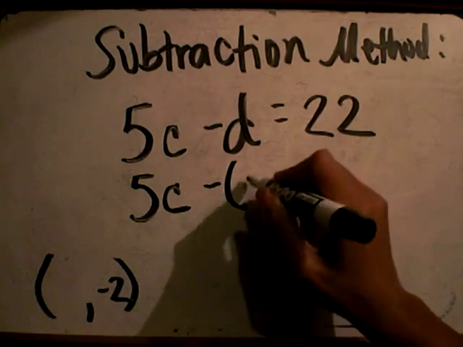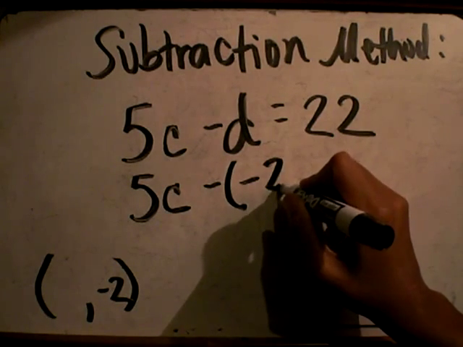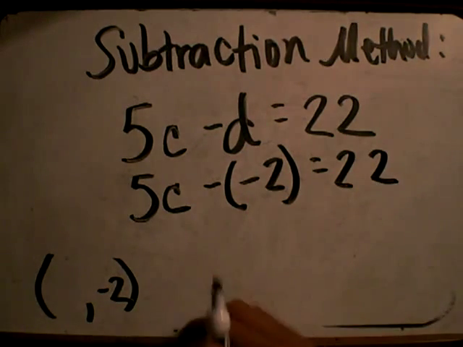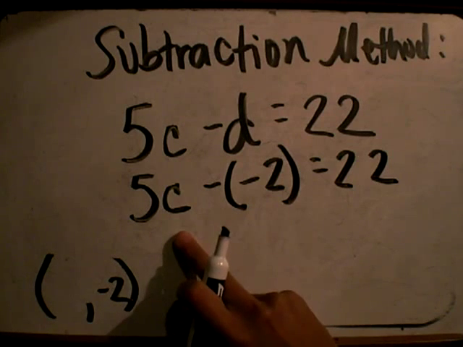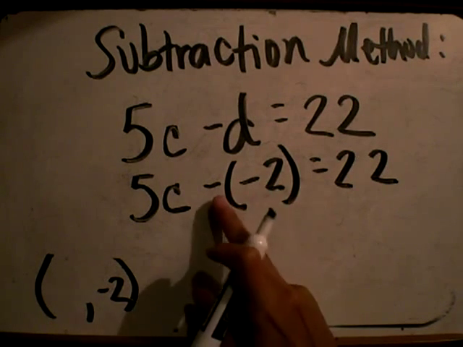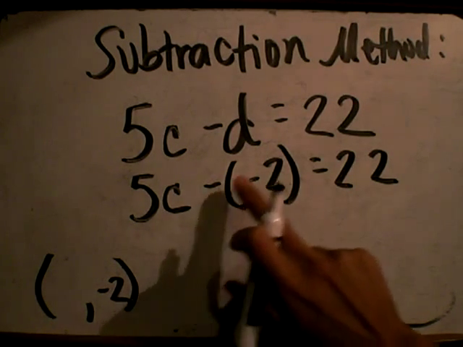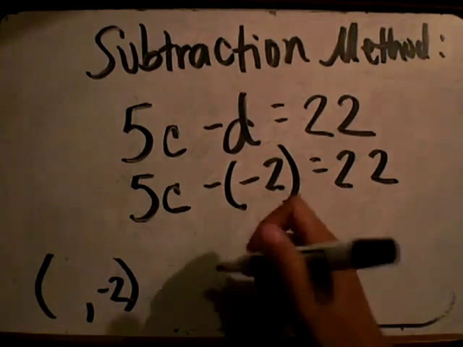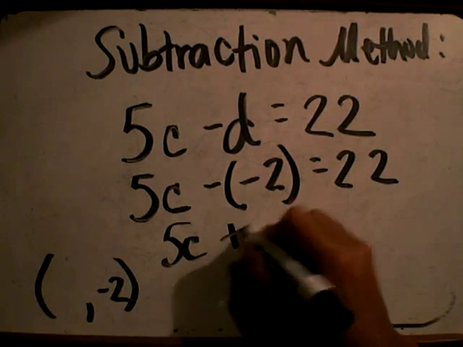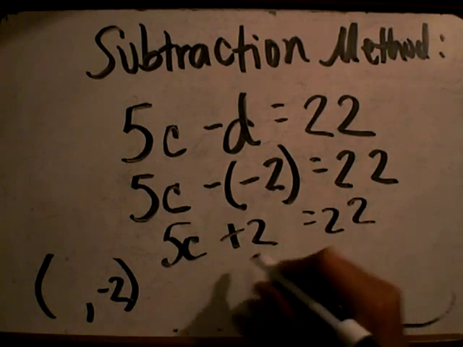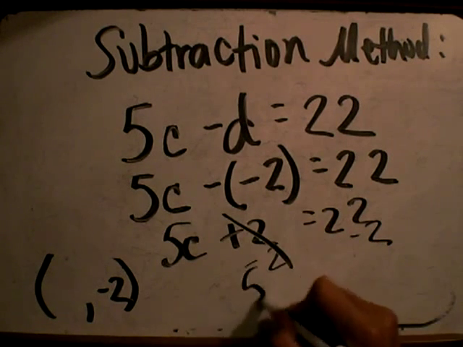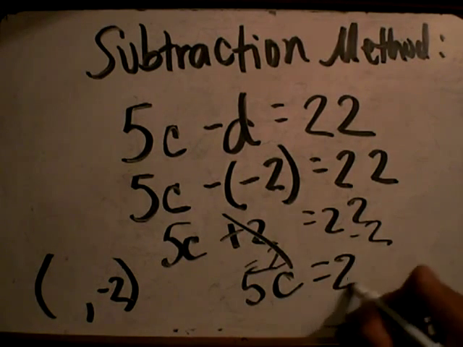5c minus negative 2 equals 22. Remember, the negative of a negative, or the opposite of a negative, becomes plus 2. So we have 5c plus 2 equals 22. We've got to get c by itself, so subtract 2 on both sides. 5c equals 20.